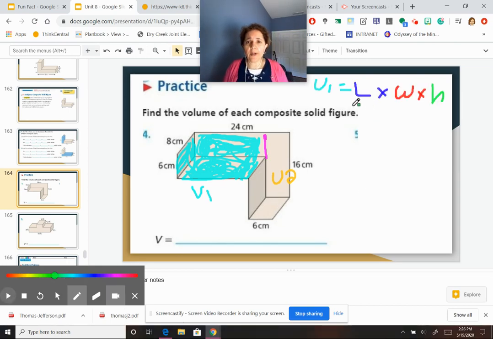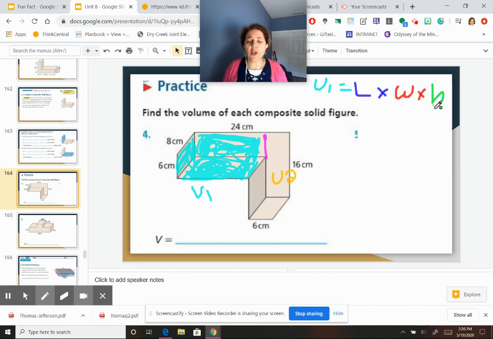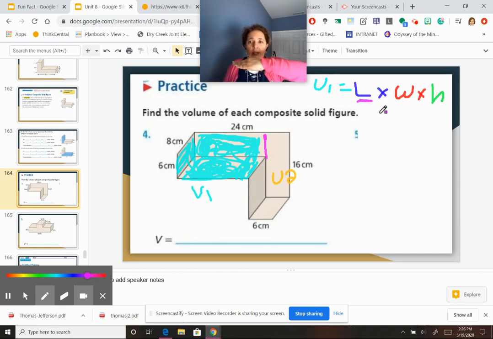Okay. I wrote a formula up here. I said V1 is equal to my length times my width times my height. Now, if you're having trouble remembering which way the lines go, I have one way that I think will help you remember it. The length goes like that, right?